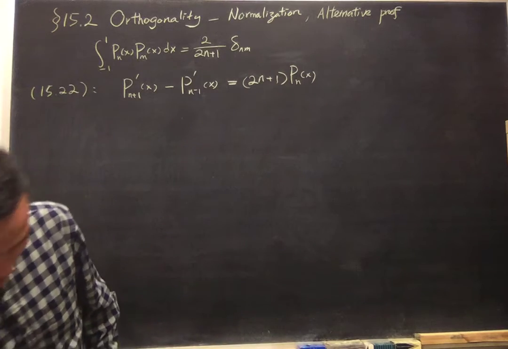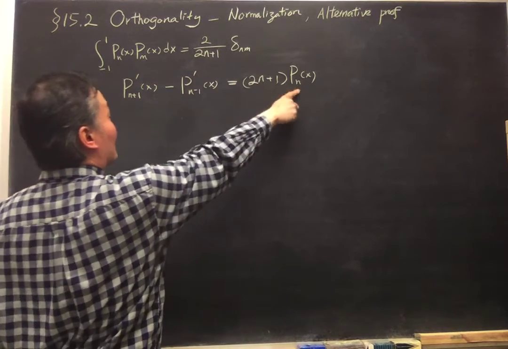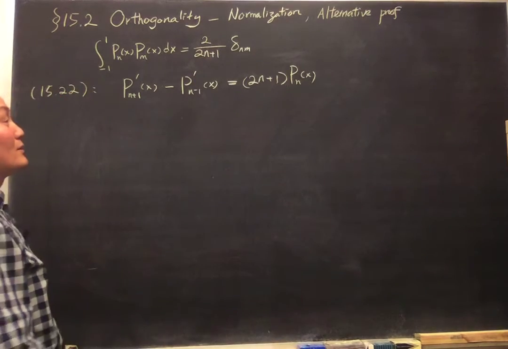I'll start with this one because you already have the 2n plus 1 and then you have Pn.